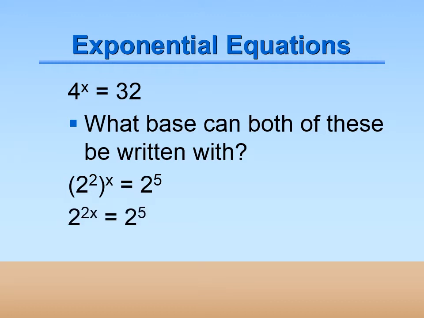Well, then we use our property: 2 to the 2nd power to the x power is 2 to the 2x power, because we just multiply our exponents here. So now we have 2 to the 2x equals 2 to the 5th. And so now we set our exponents equal to each other. So 2x equals 5, which means that x is equal to 5 over 2.